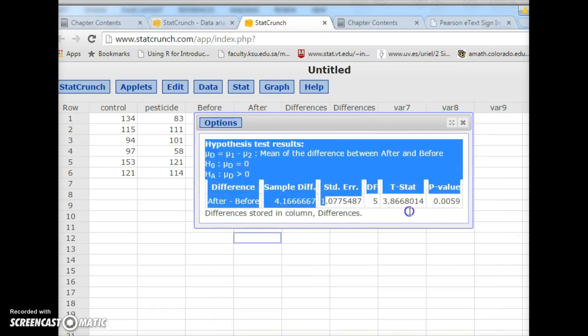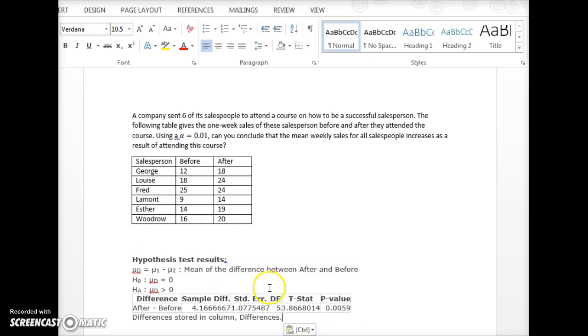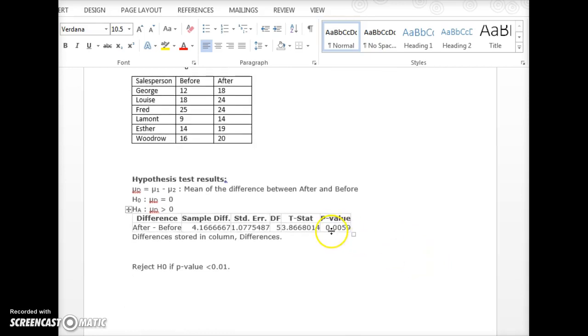So that's our results. We copy this, go over to our document, paste it, and as always, we reject H naught if the p-value is less than 0.01. And in this case, our p-value is less than 0.01.